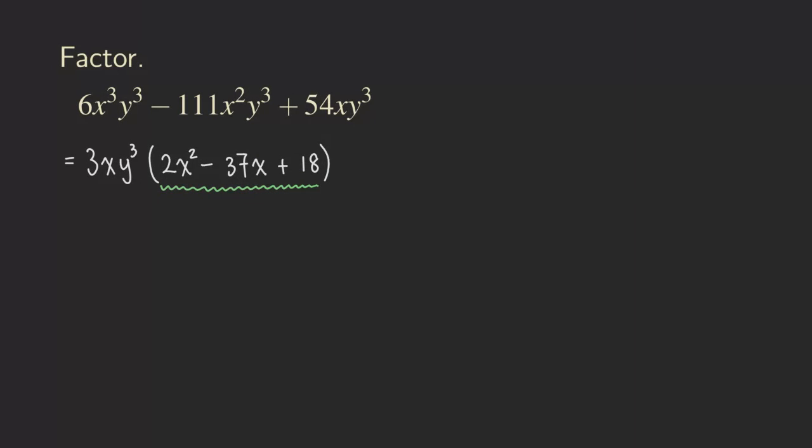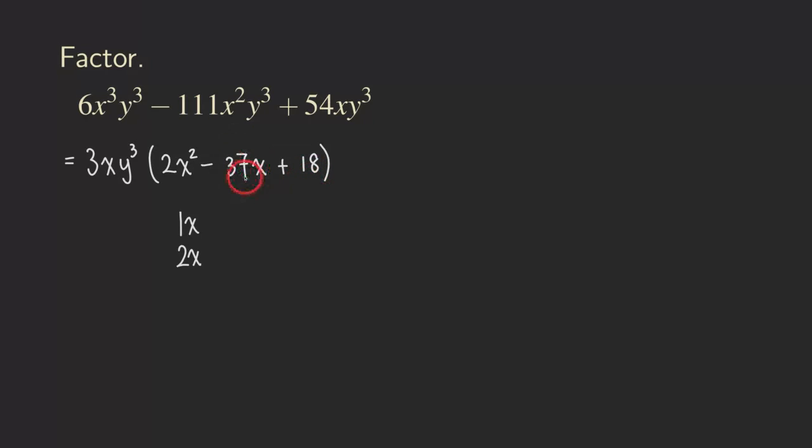Okay, so the 2 is easy. So 1 and 2, 1x and 2x. Now we're getting the 18. Usually, as I mentioned, we should try the non-extreme case right here. There is one thing that's in the problem that will tell us that we should try the more extreme case. What is that?